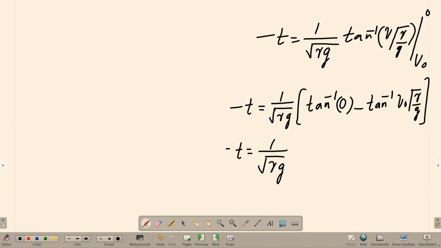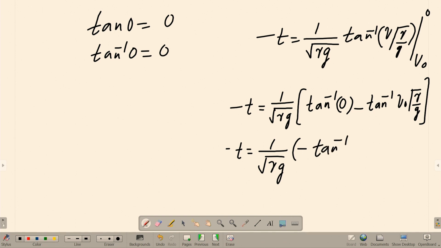Tan inverse 0 is 0 because tan 0 is equal to 0, all of you know that. So this becomes 0, and we are left with minus tan inverse v0 under root gamma by g. Here the negative and negative get cancelled out, since both sides have negative.